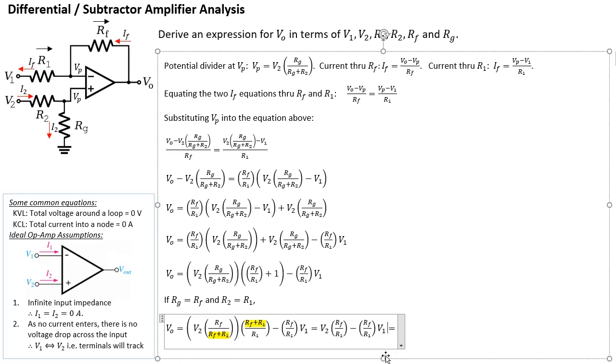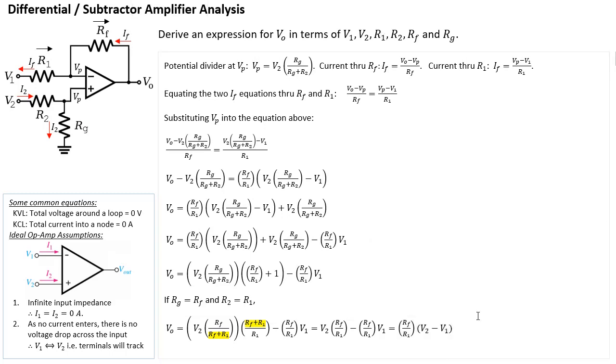So I can put RF over R1 outside, and in brackets I can say V2 minus V1. And there you have the final expression for the differential or subtractor amplifier, where Vout is equal to RF over R1 times V2 minus V1. That's going to be the final expression for VO.